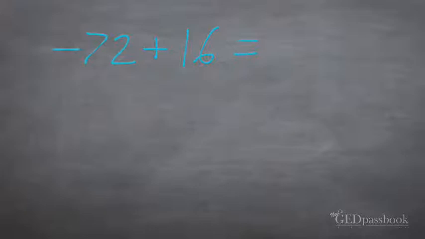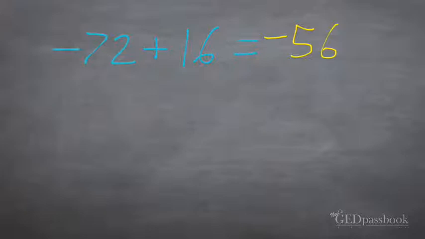Just 72 minus 16. Don't think of any negatives right now. What is it? What's the sign of the bigger number? 72 is the bigger number. It has a negative, so guess what? My answer is negative 56. You see how handy that rule is?